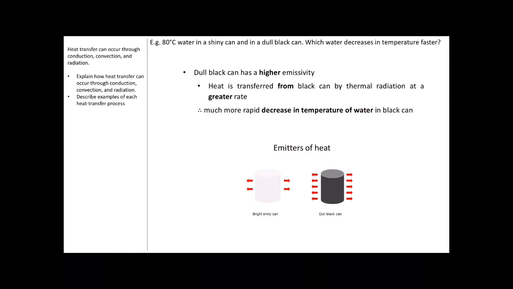Whereas the bright shiny can absorbs electromagnetic radiation, and this means that it can maintain the water at a warmer temperature for longer. So the temperature decrease rate is less.